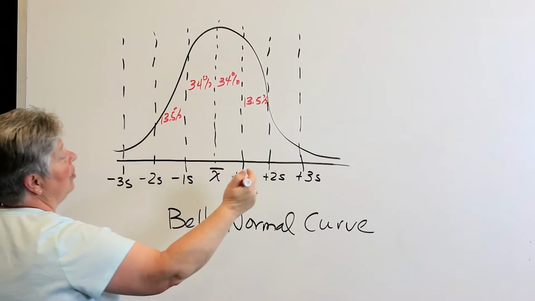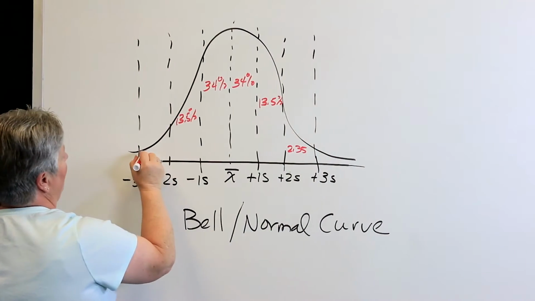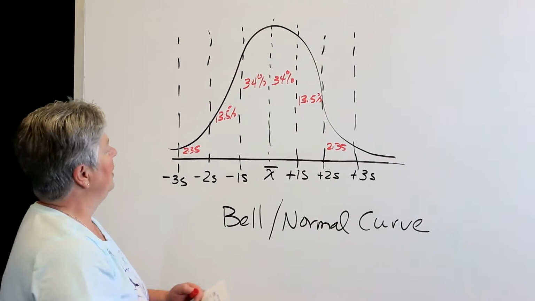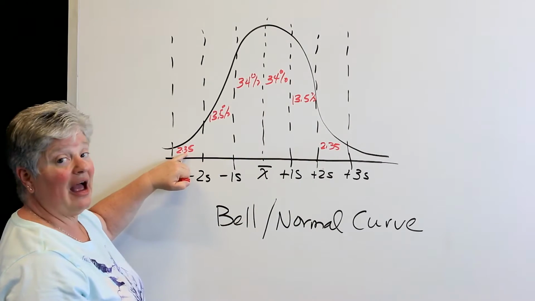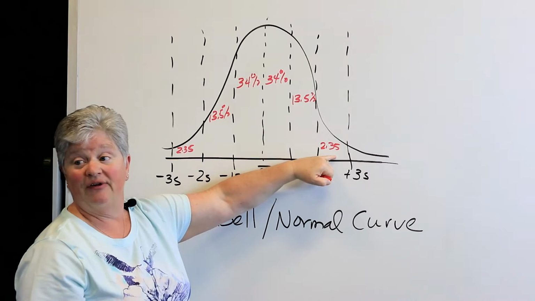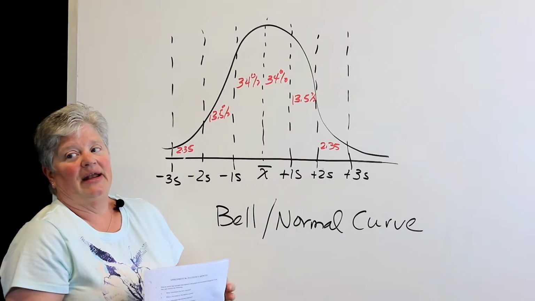We go out one more standard deviation, and in the example that I have in the packet, we talk about another 2.35% on each side. There are some sources that say 2.5 and 2.5 here. It's kind of irrelevant.